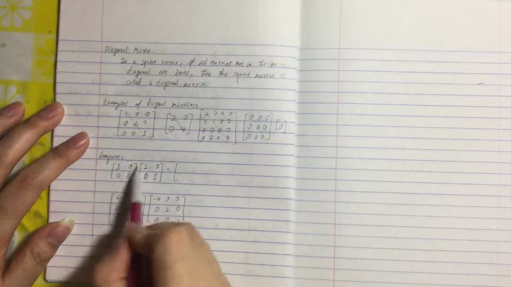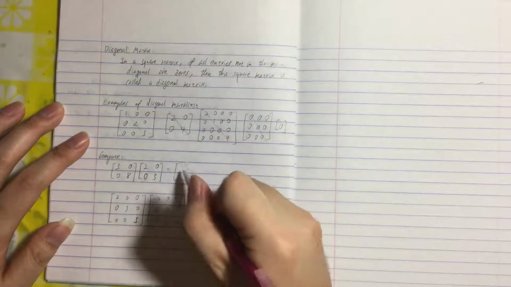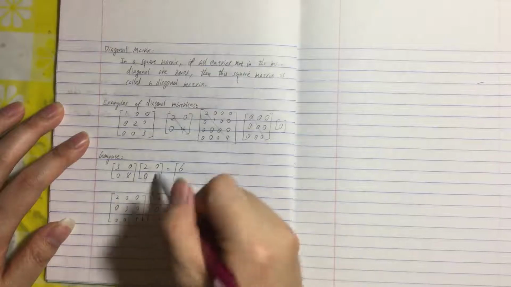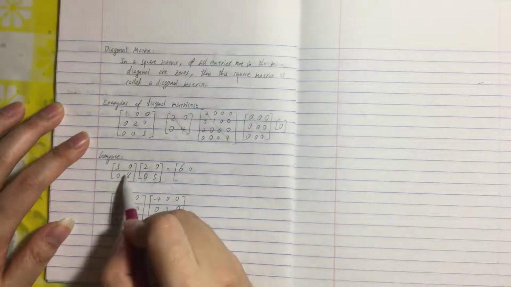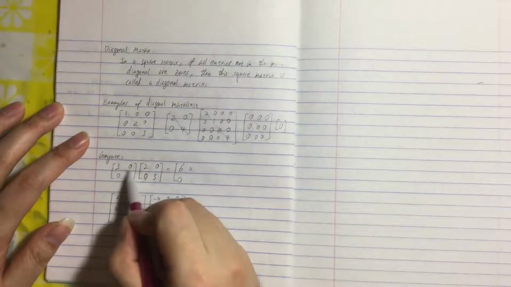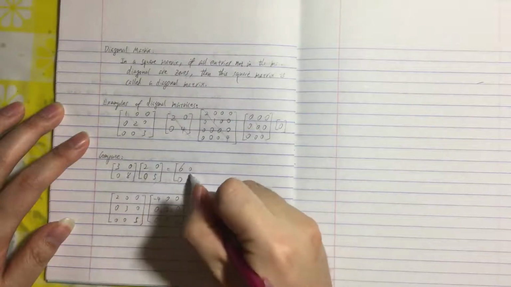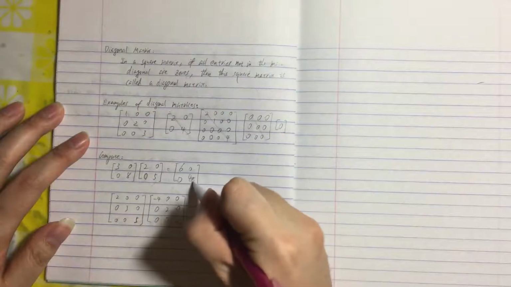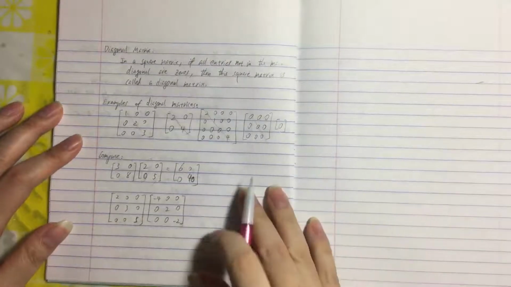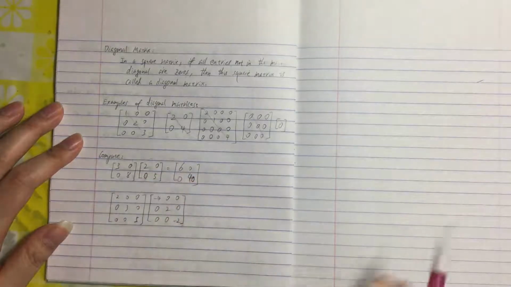So first row and first column, I get 6. First row times second column, I get 0. Second row times first column, I get 0. Second row times second column, I get 40. That's the answer to this product.